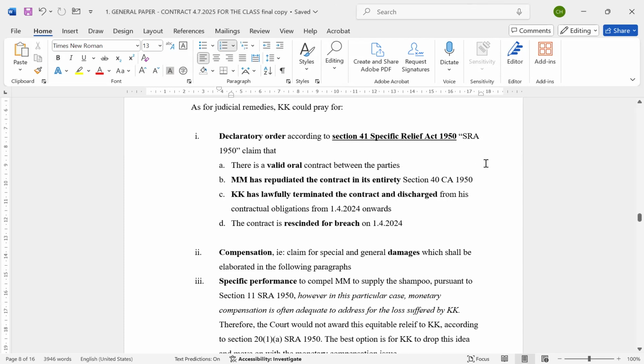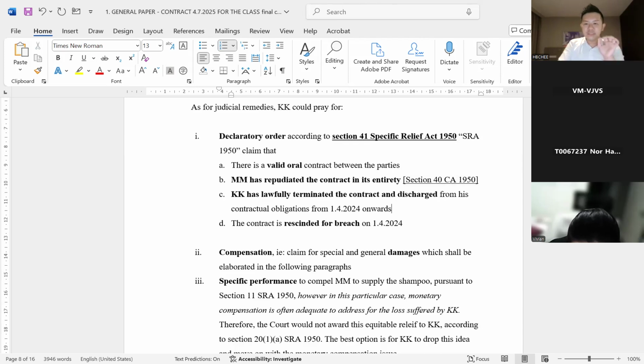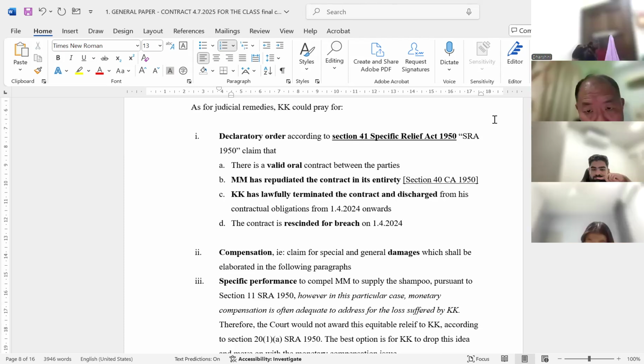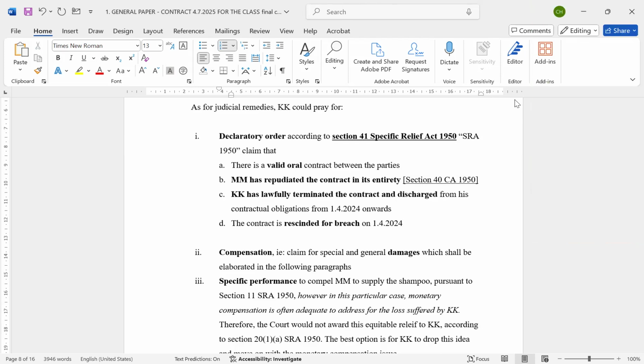Okay, spell it out, in its entirety. In brackets, you can put Section 40 of the Contracts Act 1950. And after that, you must also pray the legal position suffered by KK: KK has lawfully terminated the contract, and subsequently the effect of such lawful termination is that he is officially discharged from his further contractual obligations from the date of breach, that is 1st of April onwards.